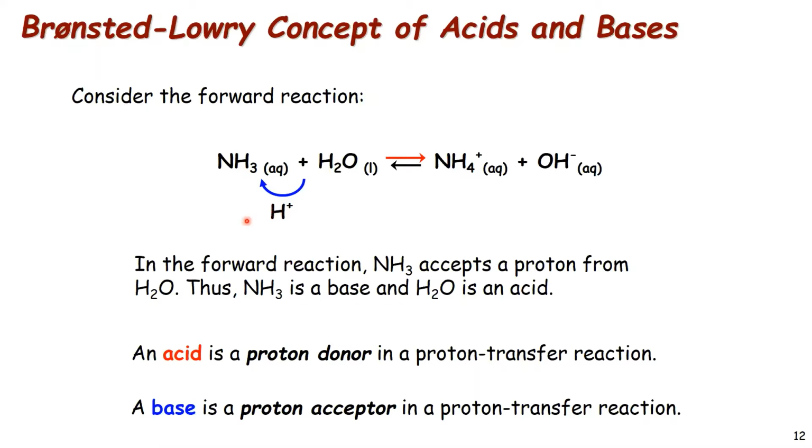And it is forming a coordinate covalent bond. So the hydrogen ion is forming a coordinate covalent bond with the nitrogen to form the ammonium ion. So in this case, water is the acid, since it's the proton donor. And since the ammonia is the proton acceptor, it must be the base.